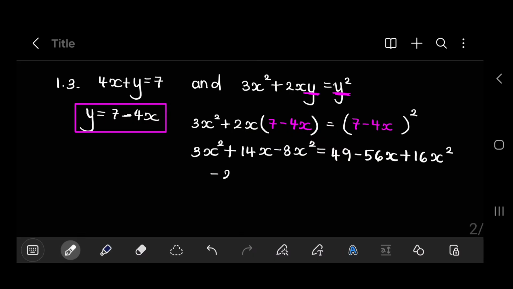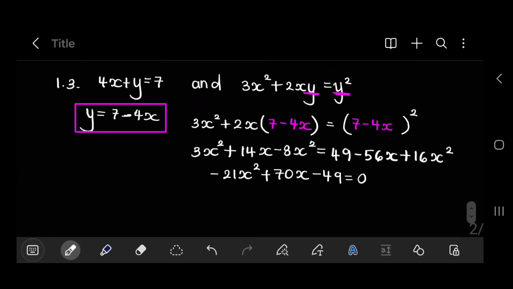That is going to give you negative 21x squared. Gathering all of your terms with x in it, you're going to take this negative 56x over to the left. It will add onto the positive 14x. That is going to give you positive 70x. And you've got your constant 49, which goes over to the left and becomes negative 49.